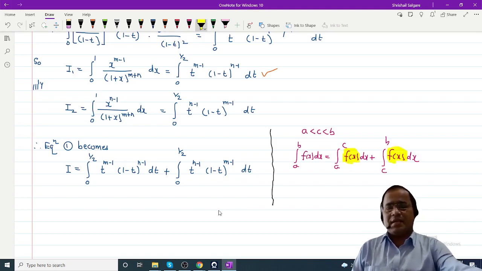But in our case, we don't have the same integrand. Can we make the integrand the same? One more property you can consider here is that definite integrals are independent of the parameters. Yes, anyone?